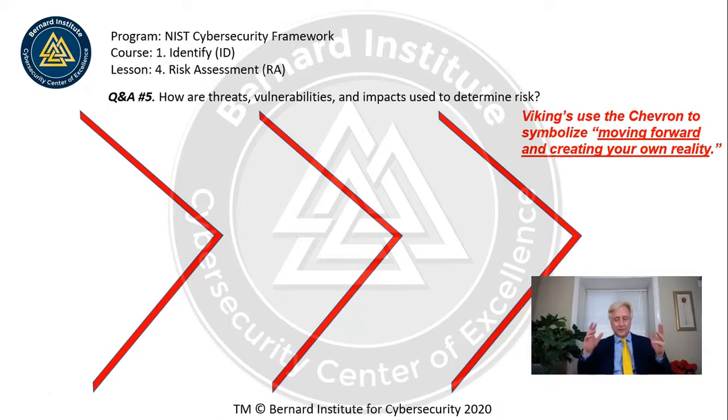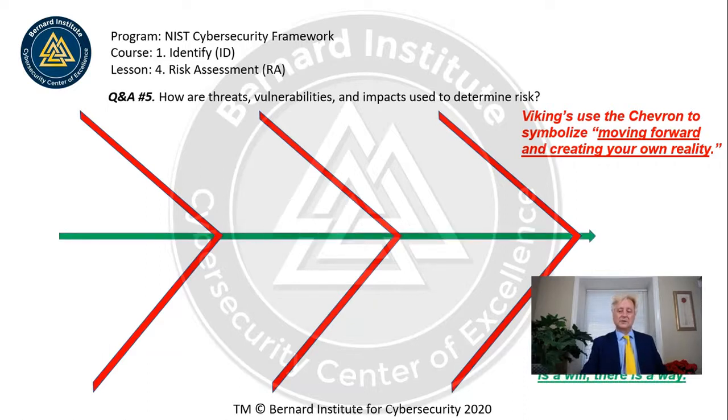We want people to think about risk, right? In order to move forward and take on the challenge of cybersecurity threats and risks, we need to move forward. We need to change the way that we've done things in the past and become more efficient at it. So the chevron is a really good symbol to think about when it talks about moving forward.